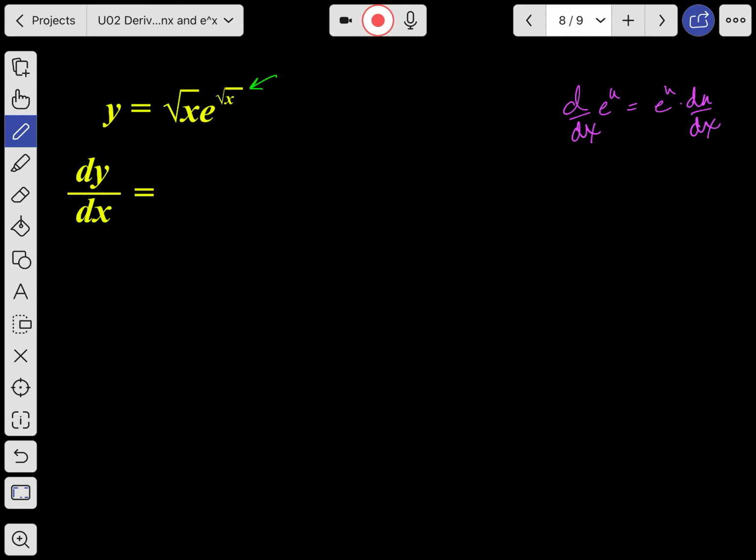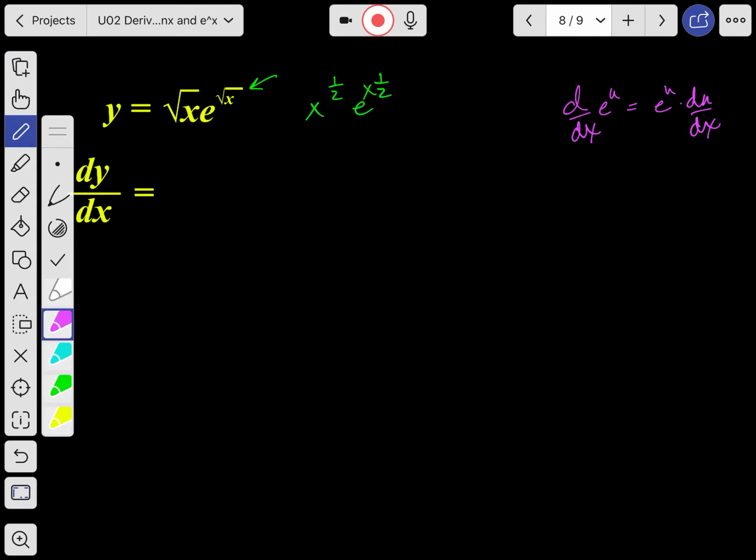Yikes, when I see these square roots, I want to definitely rewrite this with rational exponents. So I've got e to the x to the 1/2, excuse me. Okay, so let's find the derivative. Oh, and what else do we see? Hopefully you recognize we've got the product rule. We've got this guy times this guy.